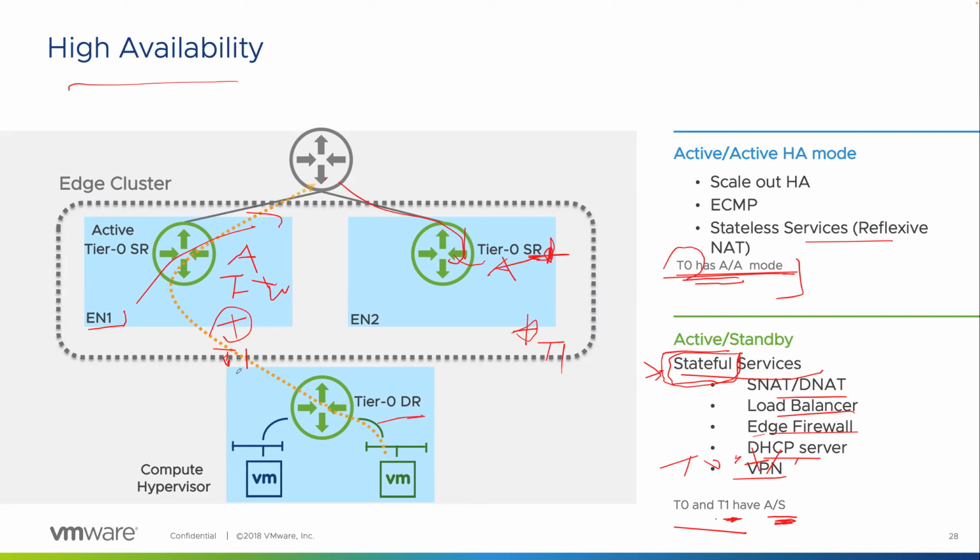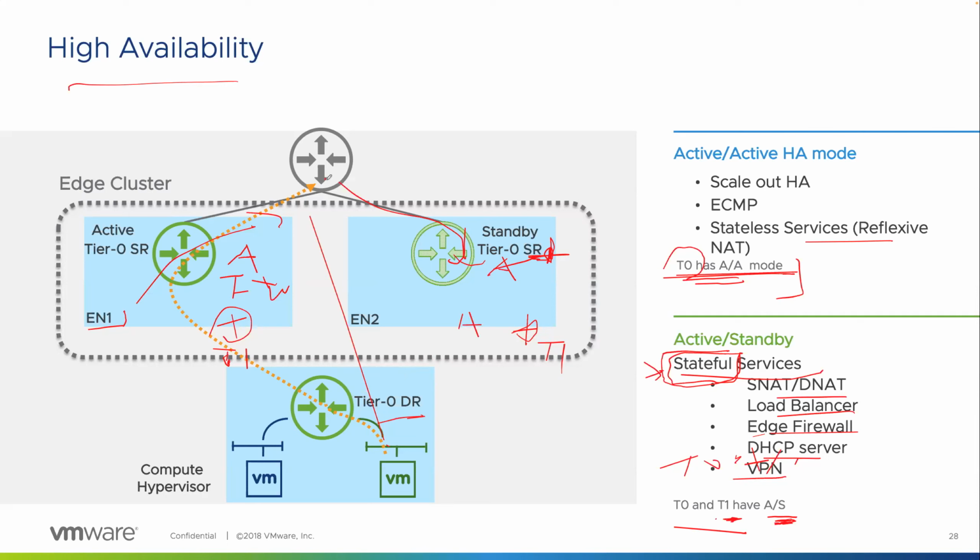So that shows the traffic going out from this SR, and when this tier 0 SR fails, the traffic will fail over to another one. But if it's AS, oh sorry, I messed up. The previous one is AA.